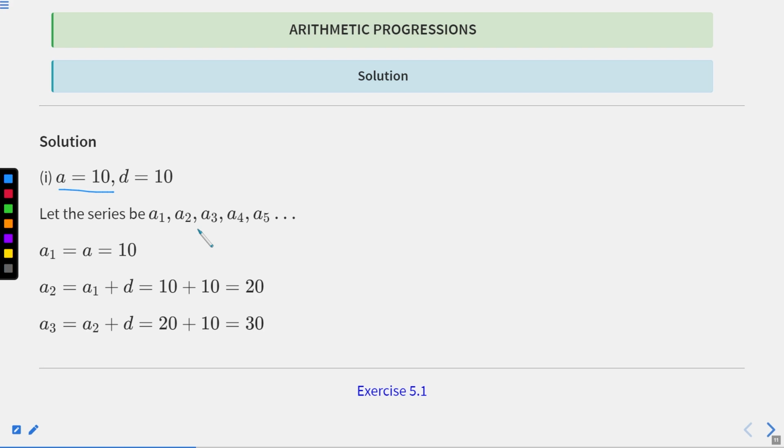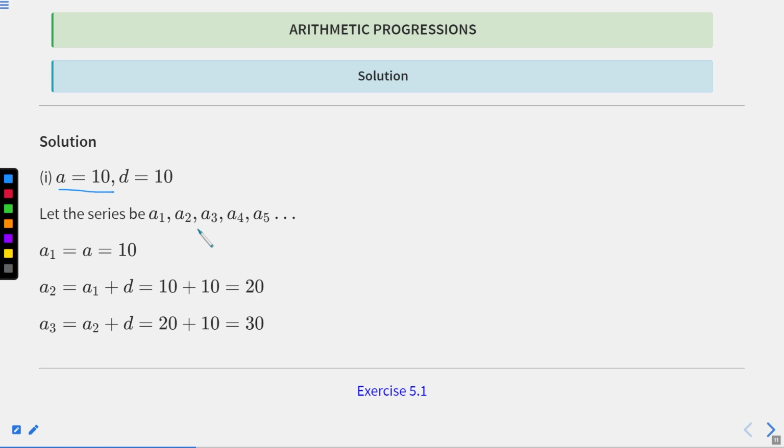And the third term A3 is equal to A plus 2D, first term plus 2D, or A2 plus D. Here the value of A2 is equal to 20, so A3 is equal to A2 plus D, that is 20 plus 10, and this is equal to 30.